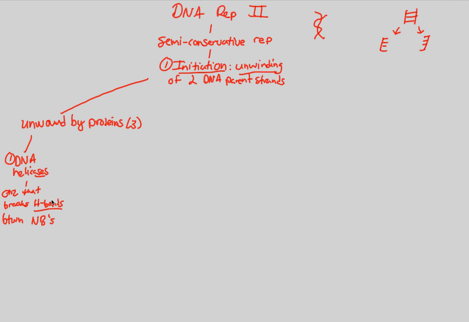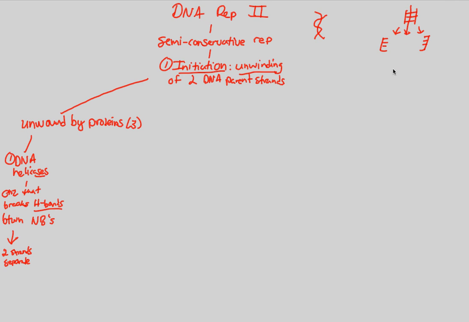The nitrogenous bases are connected via H bonds. Remember how C is combined with G with 3 H bonds, and A combines with T with 2 H bonds. Helicase is going to break those bonds, utilizing its enzymatic quality. Once that has happened, the two strands are going to be separated, because we're unwinding, we're unzipping the genes right at the middle, somewhere like this.